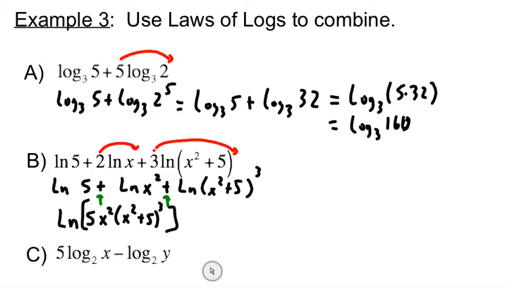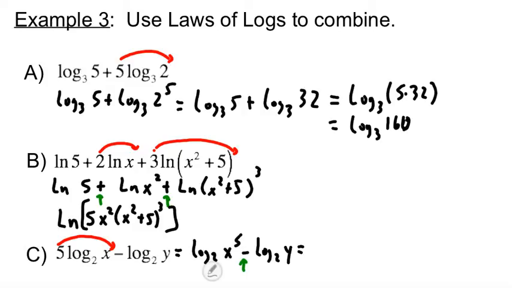All right, letter C. You want to put your power back in. So put your power back in first. So I end up getting log base 2 of x to the 5th minus log base 2 of y. All right, now I put the powers back in there, and now I'm seeing I've got a subtraction sign.